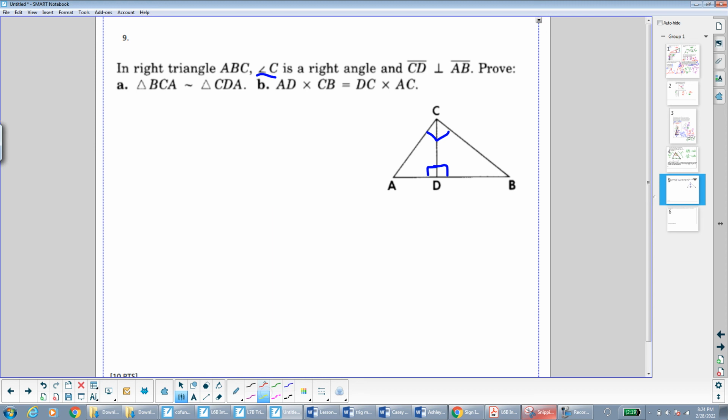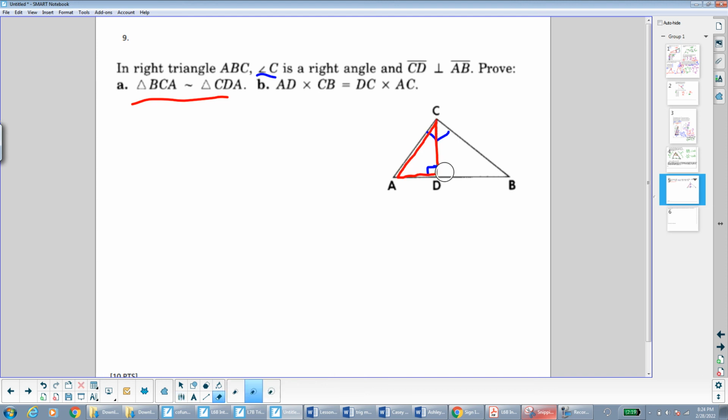Luckily, in part A, it tells me exactly which two triangles we need to prove similar. Triangle BCA, so that's the whole big triangle, and triangle CDA. So that's this triangle over here. So this angle is not going to help me because this angle that I just erased was not in triangle CDA, the red one, and it's not in the big black triangle either.